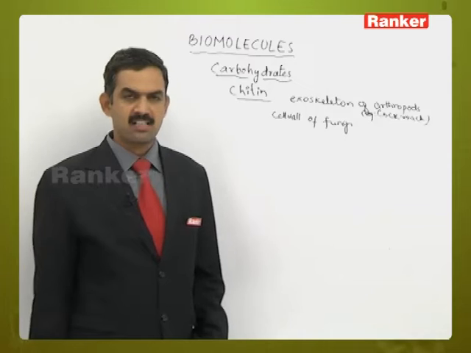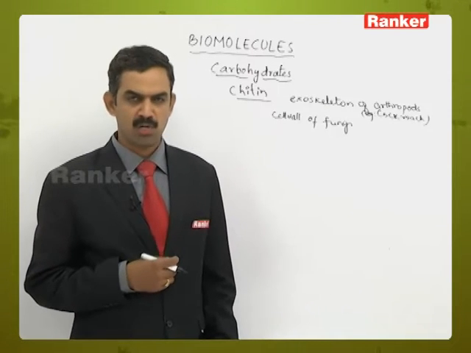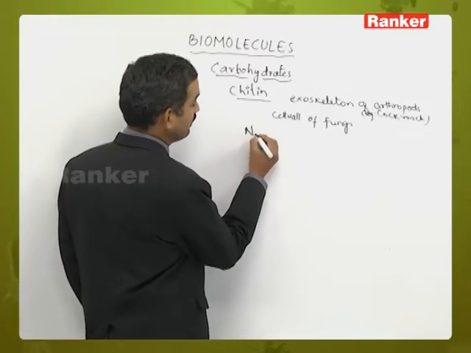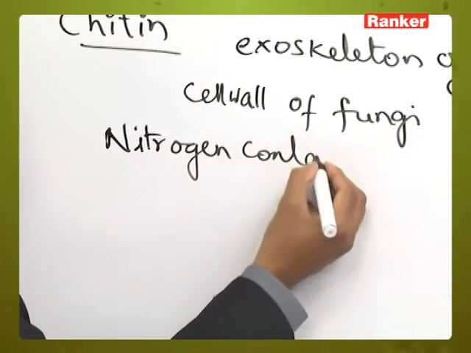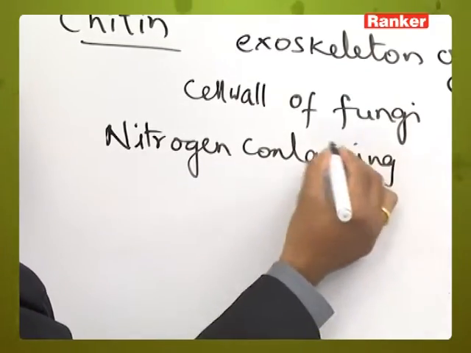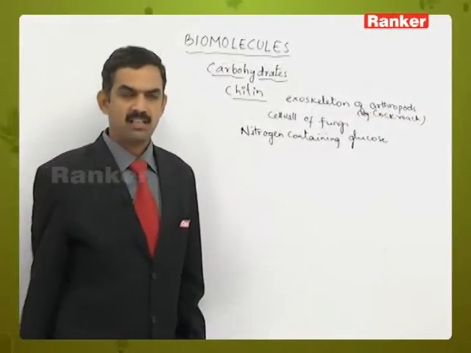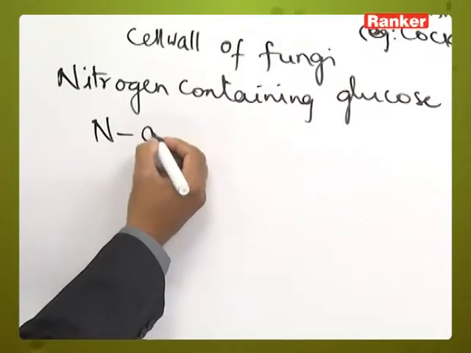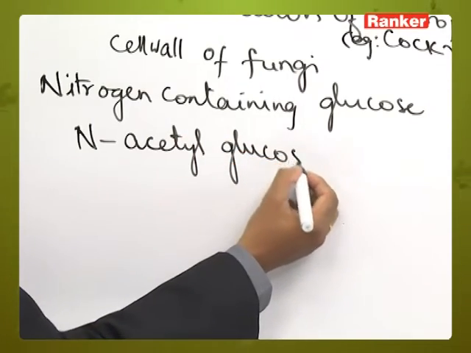Normally when we say polysaccharides, they have repeated units of glucose molecule, but here glucose is not present. It contains nitrogen containing glucose, and here they are forming N-acetyl glucosamine. Repeated units of N-acetyl glucosamine are present.